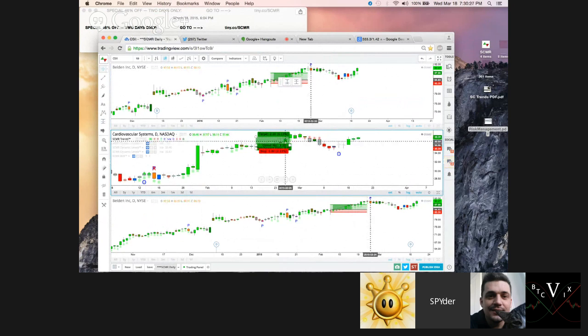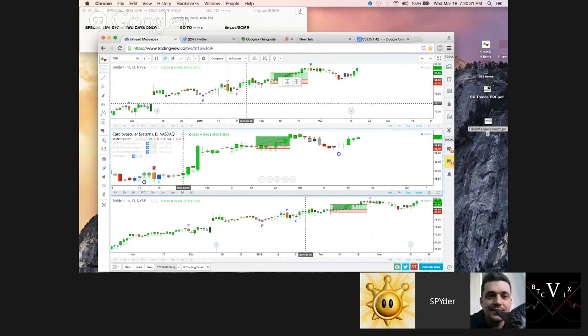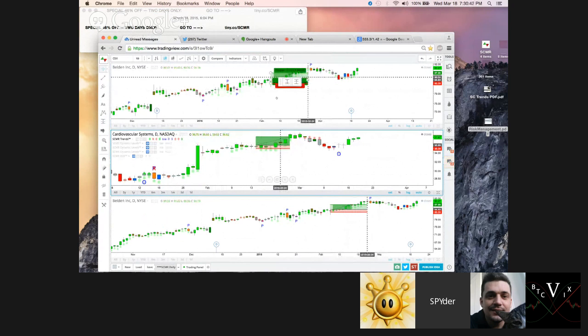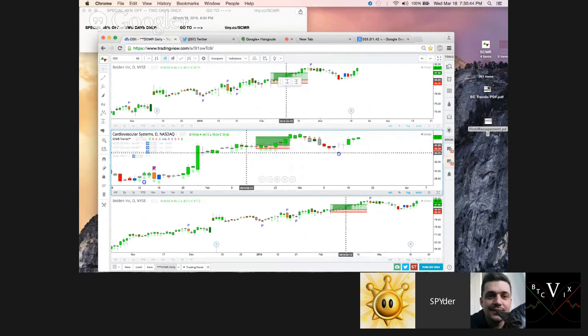But the actual value at risk would still be that original 33 basis points, which on a $10,000 account would mean I get stopped out here, I lose 33 bucks. Stopped out here, I lose 33 bucks, so I've lost $66, which is less than 1%, even though I was 130% leveraged.